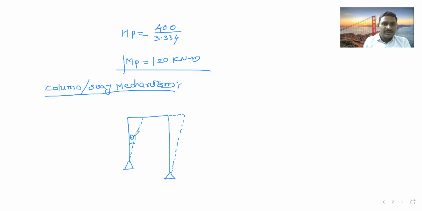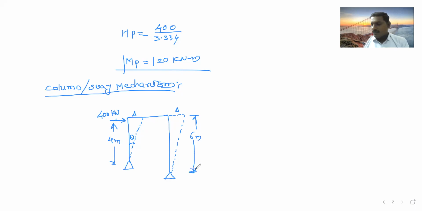If this is the rotation theta, here the 400 kilonewton load is there, and this is the displacement. Now this distance is 4 meter and this distance is 6 meter. This angle will be theta.